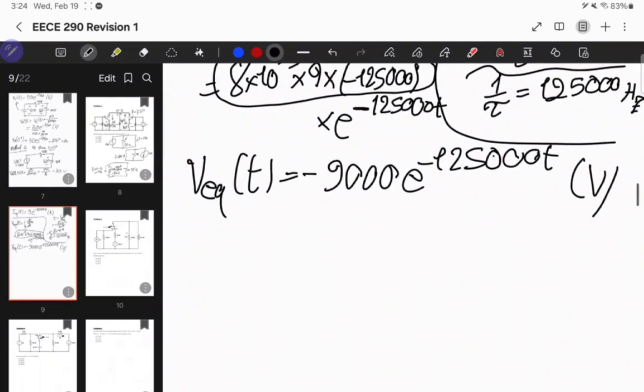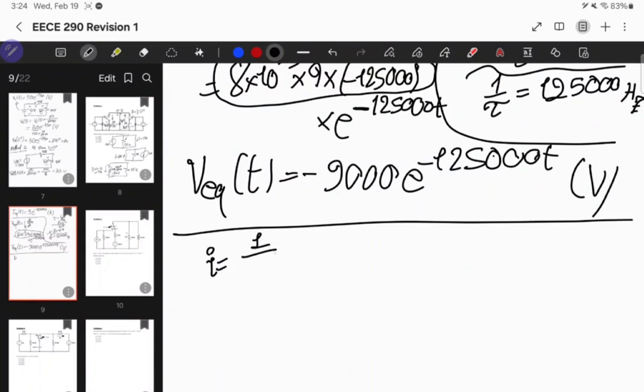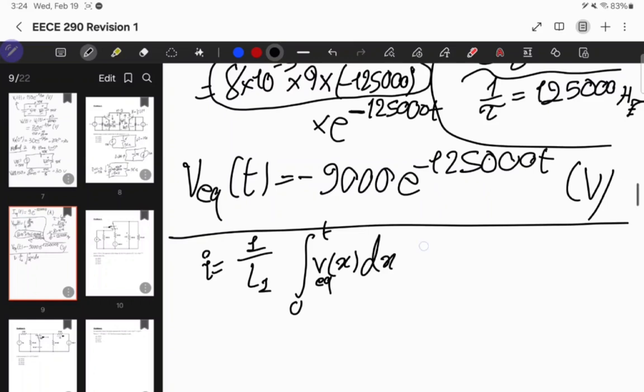If I have the voltage across the inductor, the current is 1 over L, in this case L1, times the integral of v of x dx, going from 0 to t. This is v equivalent, which we calculated, plus some initial value, which I'll call i1 at 0.